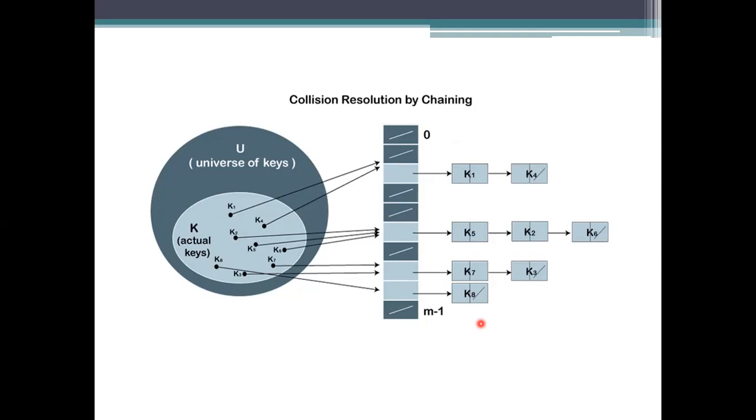If you see the previous example, we have seen that 2 and 42 are sharing array index 2, and 17 and 37 are sharing array index 17. What happens here is, we won't consider them as individual values.